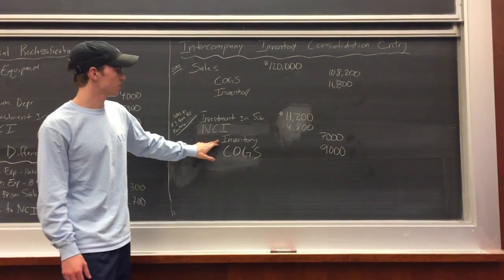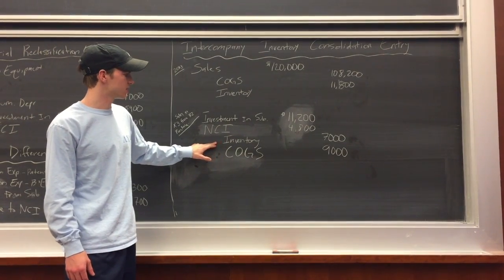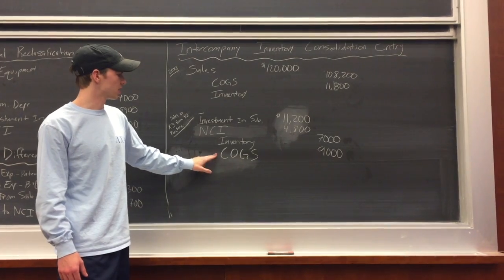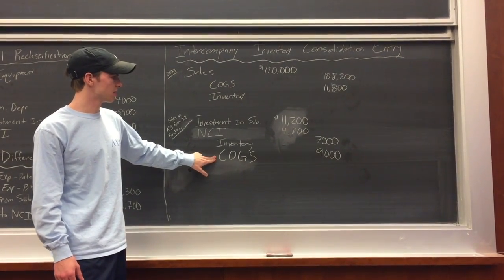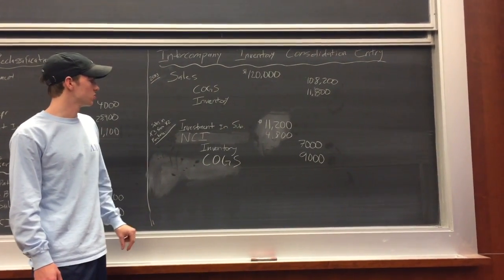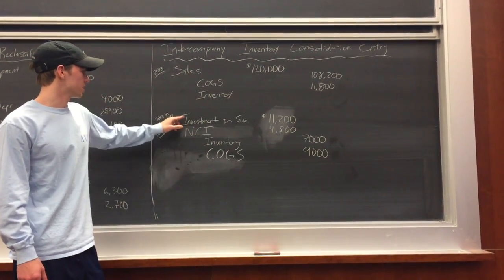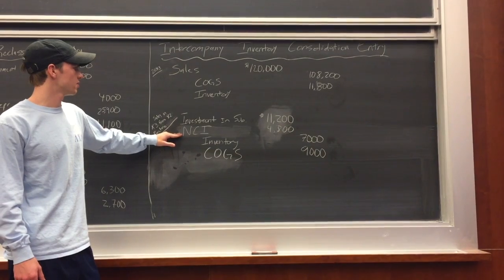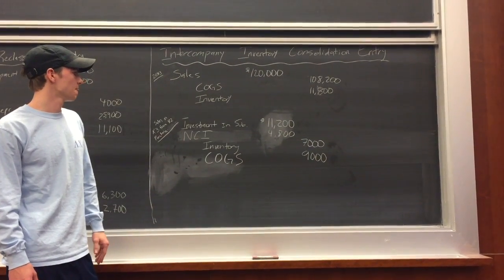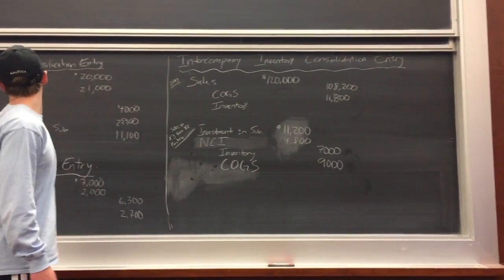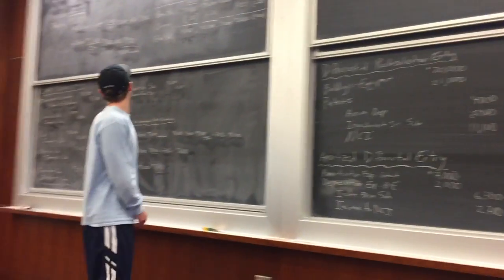Now the inventory for the 7,000 is credited because it's still unsold, and the 9,000 of cost of goods sold was sold. So with the total of that, this is the 70-30 split again for the investment that they have in Bach.